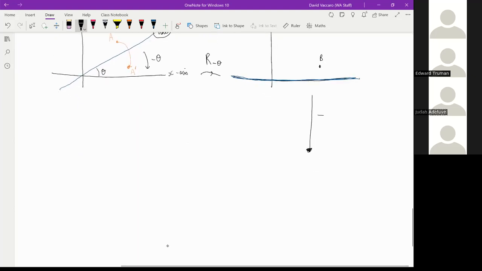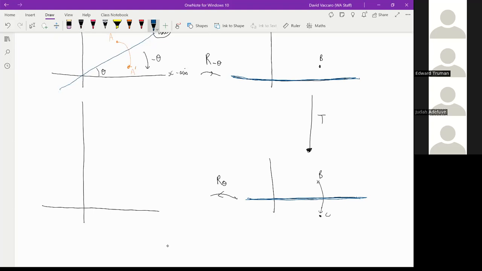Then we can do the matrix T, and that will take B to C, because we've just reflected B in the x-axis. And then we can turn everything back to normal, taking the blue line back to where it was before by rotating by theta.